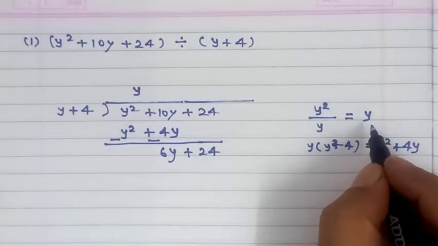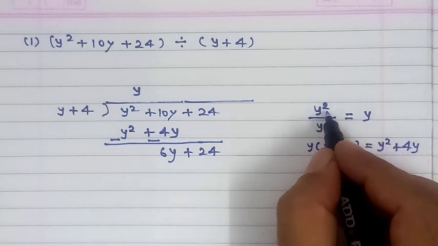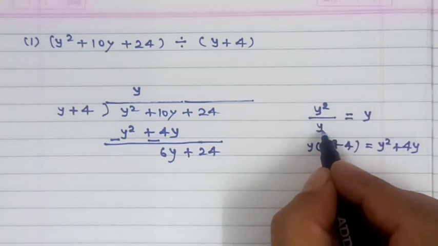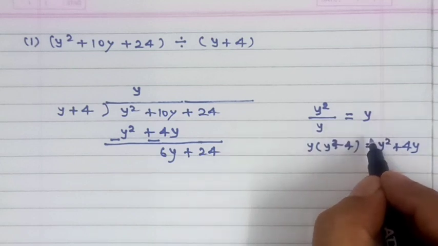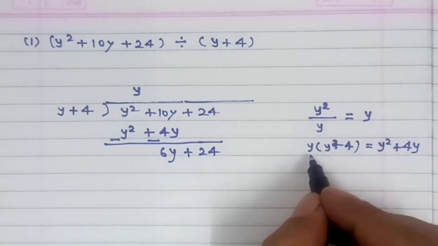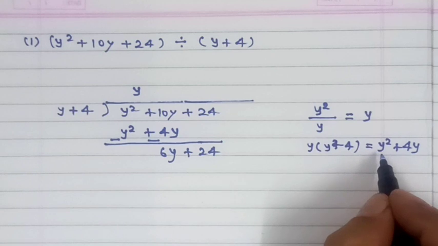I told you DMS. So D, divide. You divided the first term of the dividend by the first term of the divisor and you got y. Then M means multiply. Here you are multiplying y with the divisor, y plus 4, and you got y square plus 4y.